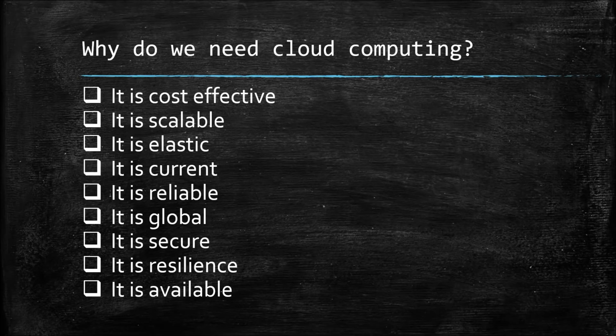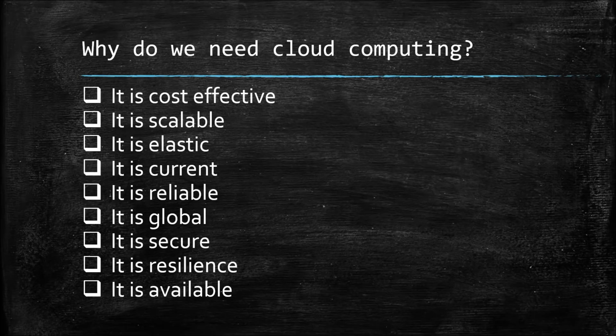It's global. Global means, imagine you have a website or an application that your users are more on the east coast of the US, possibly in California, and then your data center is in Lagos.